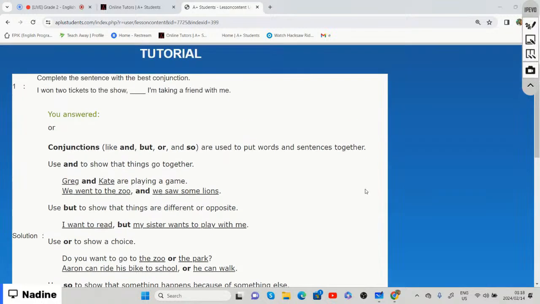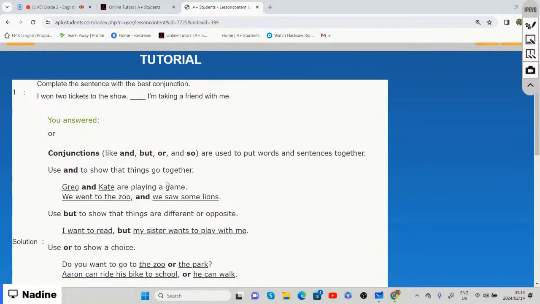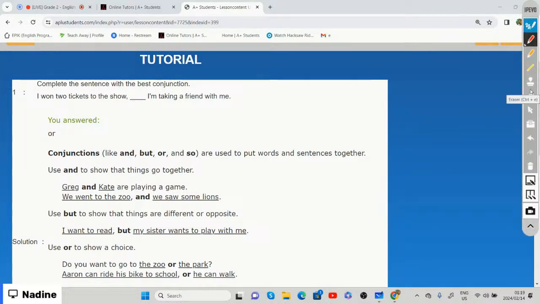And now, if we are going to look at an activity, right, we're going to complete the sentence with the best conjunction. It says, I won 2 tickets to the show. I'm taking a friend with me. We need to use the conjunction words such as and, but, or, and so.